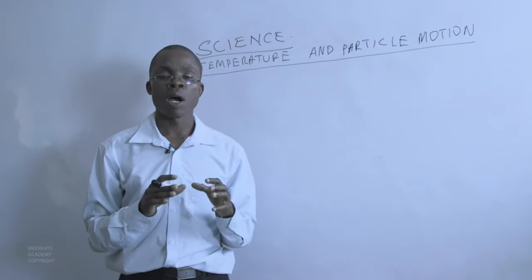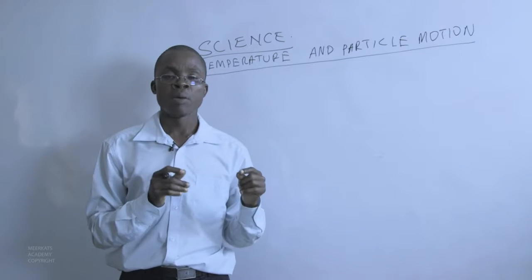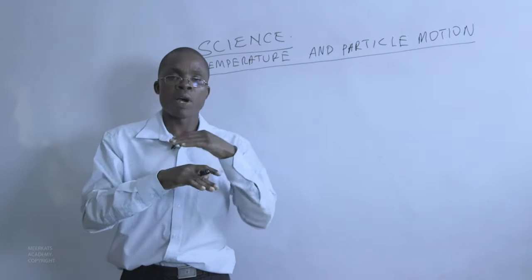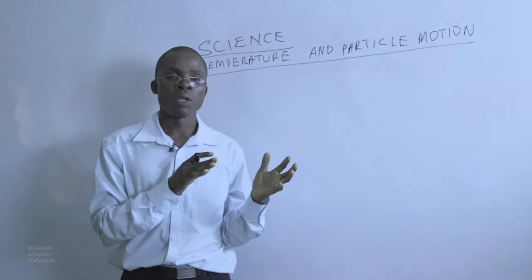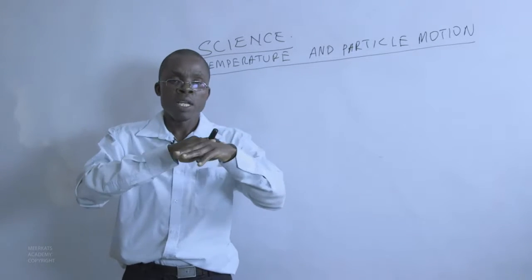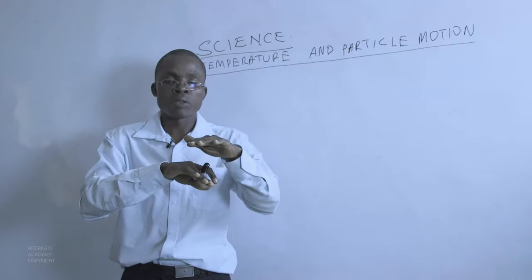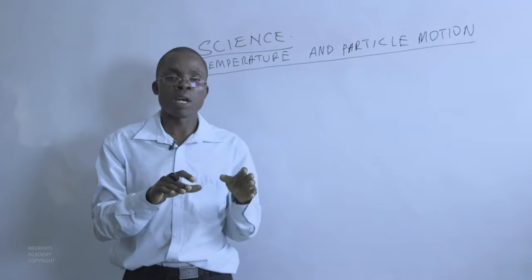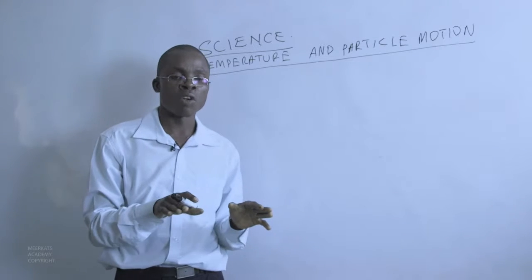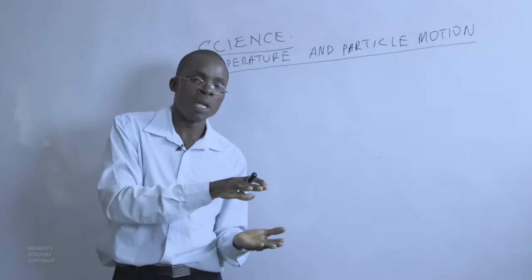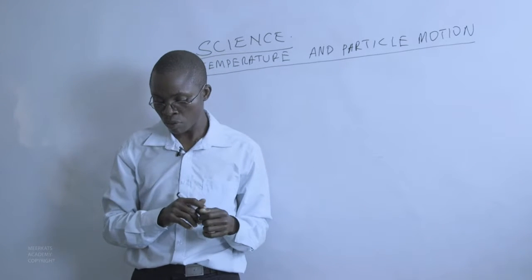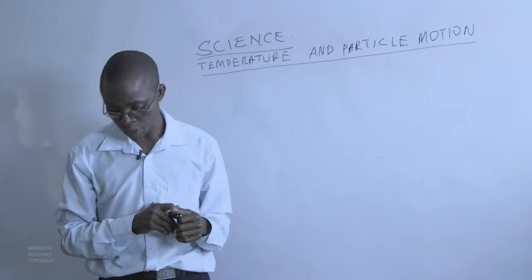Particles in the liquid state roll over. They don't move by vibration, but by rolling over each other. That is what makes it possible for a liquid to occupy the part of the container where it is held up to that level, not spreading to all other parts of the container like a gas.